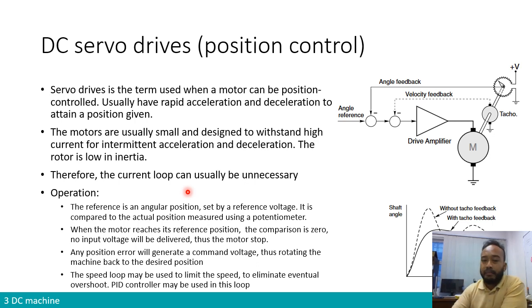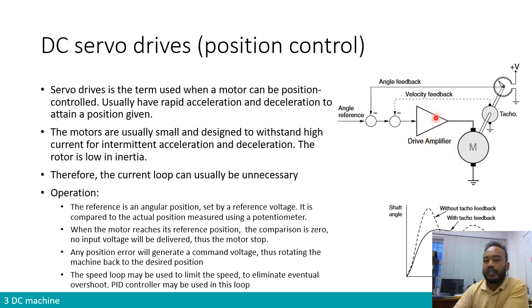The current loop can be redundant and could be made unnecessary. So for example, in this schematic control diagram, we can see that there are two embedded loops. Inside we have a velocity or speed loop, and on the outside we have the angle or positional loop, and we don't have a current loop in the middle.